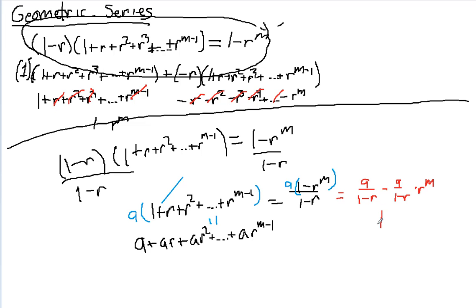And using the algebraic limit theorem, but these are essentially the partial sums, right? So what we're really doing, by looking at this thing right here, is looking at the partial sums.